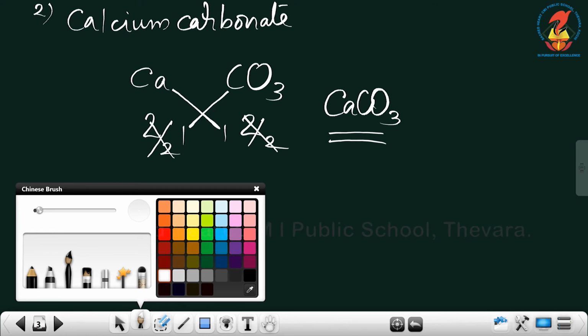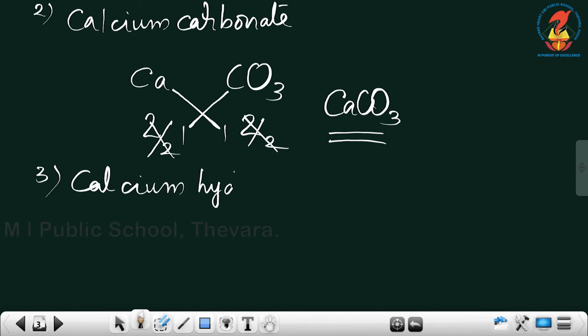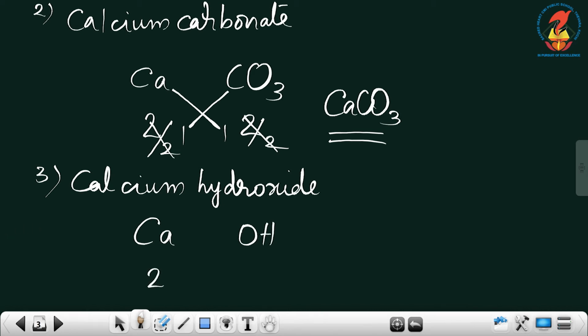Now we can see another example, calcium hydroxide. What is the symbol? Ca. Hydroxide, OH. Ca, what is the valency? 2. Hydroxide 1. So there is no common factor, crossing over. Ca is 1, so no need of writing that 1 there.